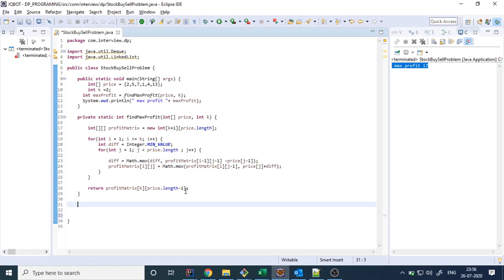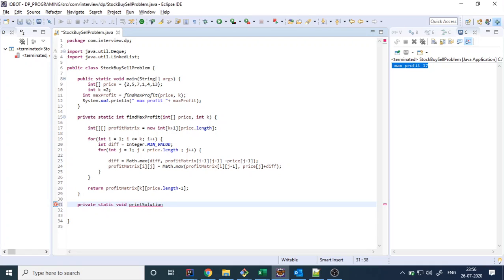So I am going to print the actual solution, right? Private static void print solution, right?